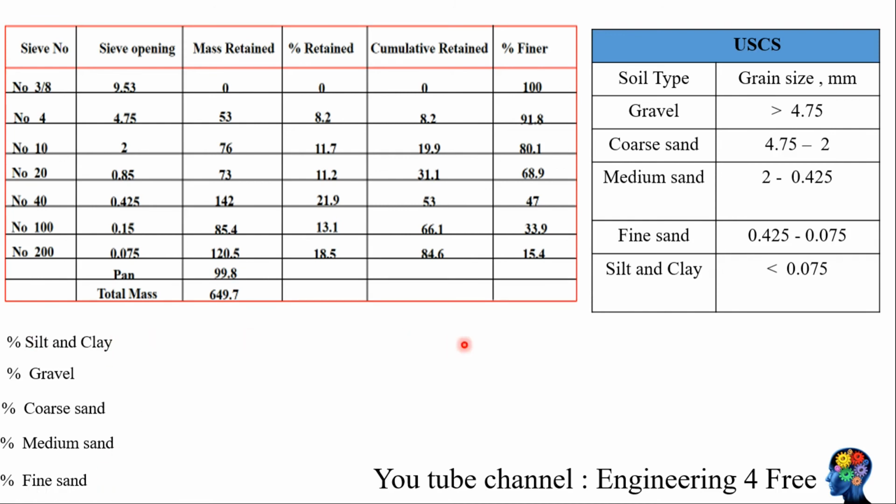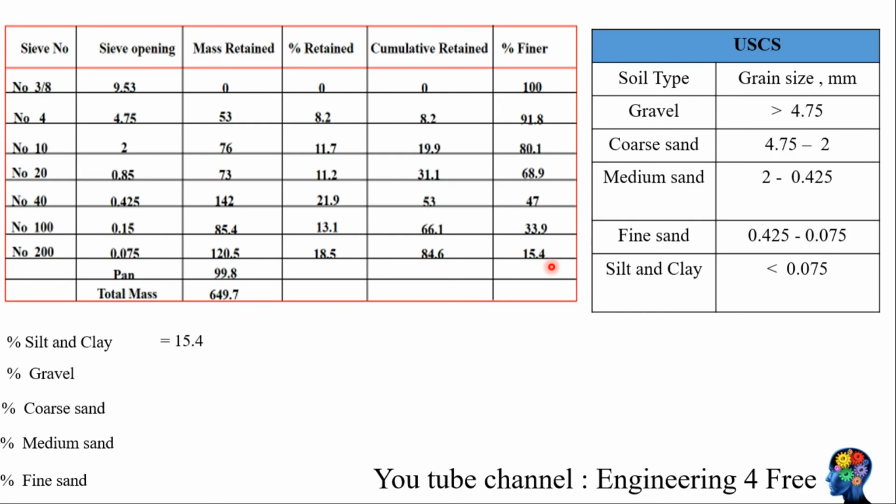According to the Unified Soil Classification System, silt and clay are materials which pass the 0.075 sieve or number 200 sieve. Any materials smaller than 0.075 are considered fine-grained soils. At the 0.075 sieve opening, the percentage finer is 15.4. So the percentage of silt and clay will be 15.4.